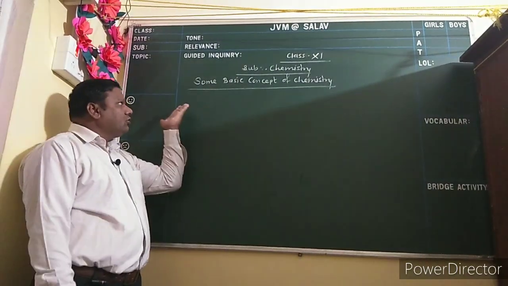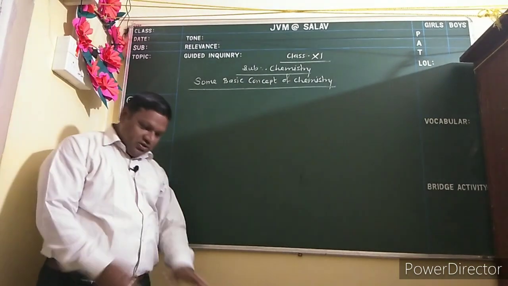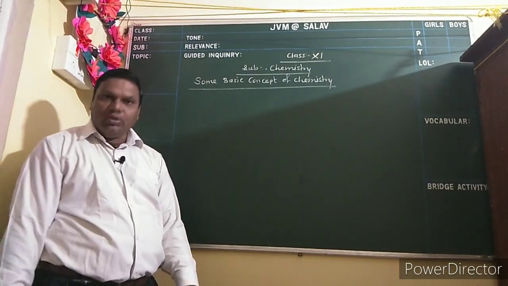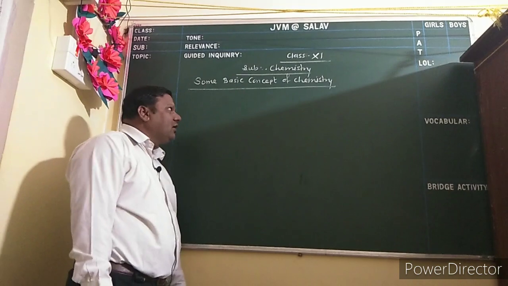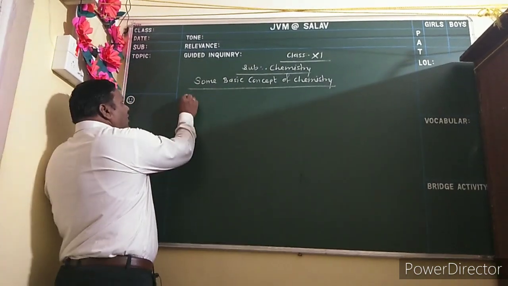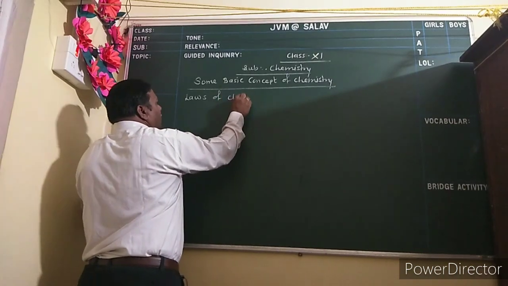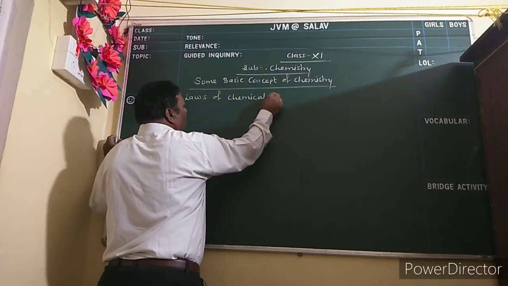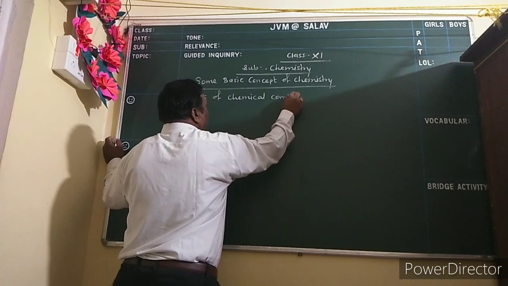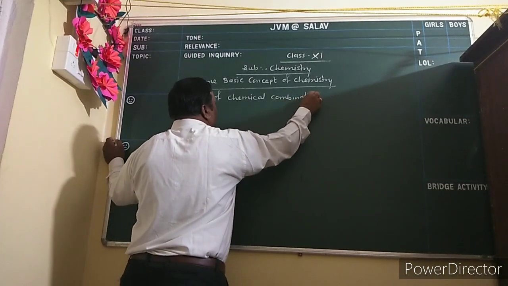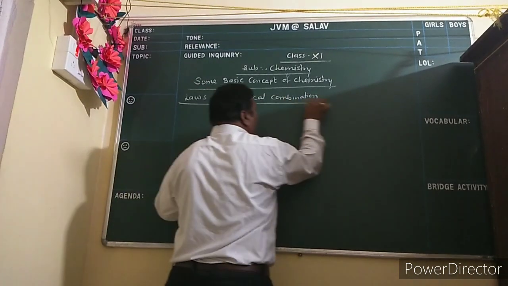Understood? So here we have to start the laws of chemical combination. First of all, we start the laws of chemical combination. This was already studied in class 9, first chapter, Atoms and Molecules.